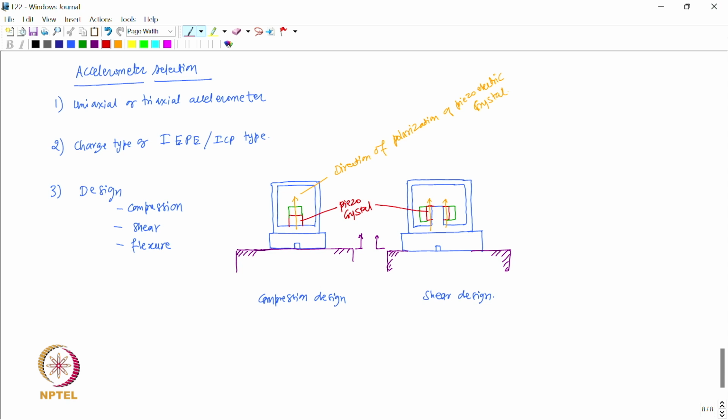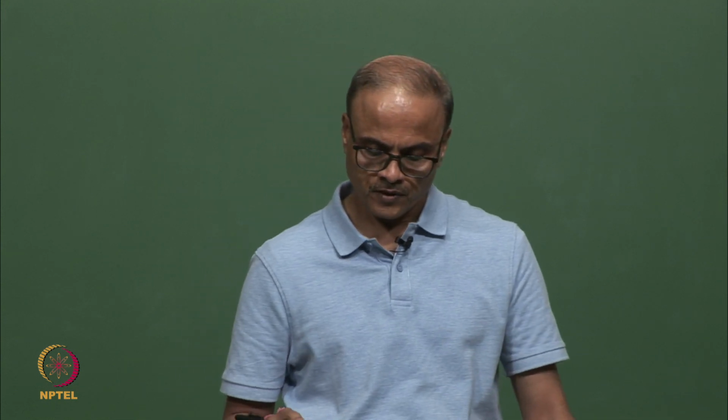In the compression design, there is a compressive load when the structure vibrates, and when the seismic mass shown by green color also displaces, then the piezoelectric crystal is subjected to a compressive deformation.